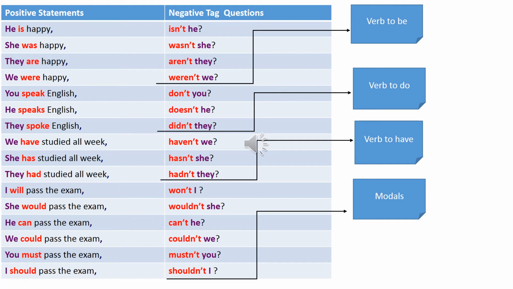If we talk about we or they or you, we have to use have, not has. And after has or have, in present perfect, the verb is verb 3. We have studied all week. Haven't we?